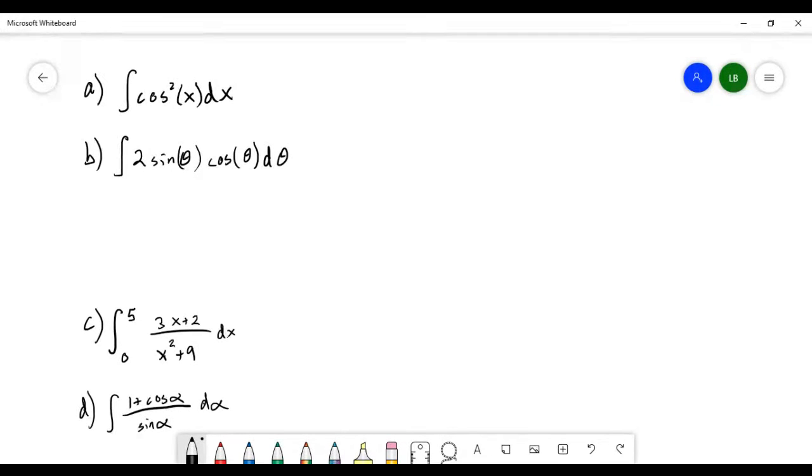Yeah, part A, you basically can't do it unless you know the trig identity where cosine squared of x is equal to 1/2 times 1 plus cosine 2x. So this integral is equal to 1/2 times the integral of 1 plus cosine 2x.